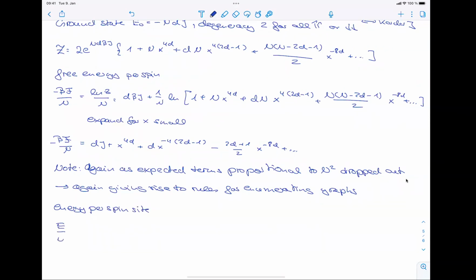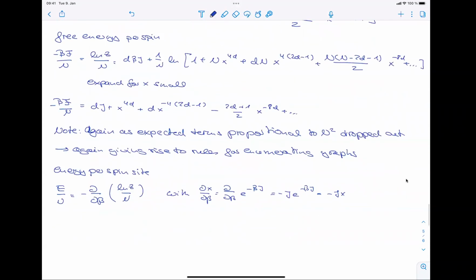That would be E over N, and that's then the beta derivative of ln Z over N. And this is straightforward. So hopefully this is where I get the notation with dx by d beta is d by d beta of e to the minus beta J, minus J e to the minus beta J is minus Jx.